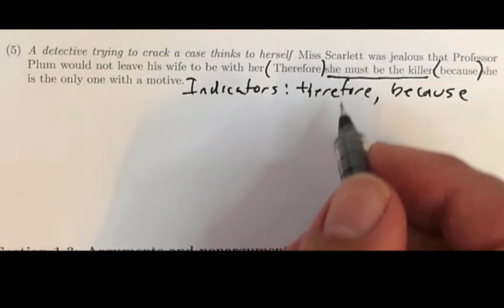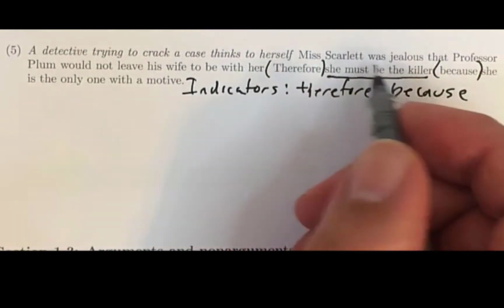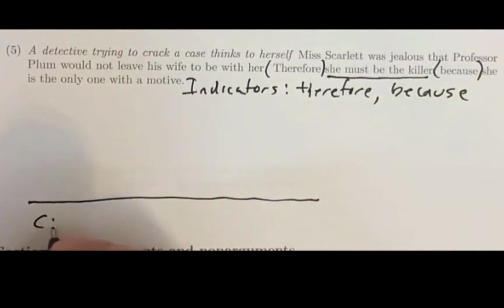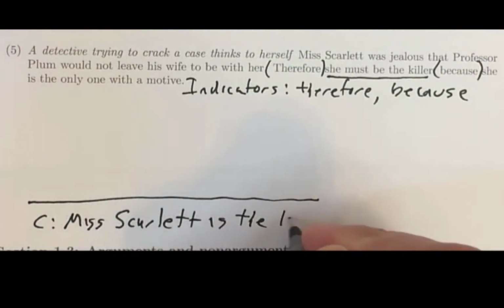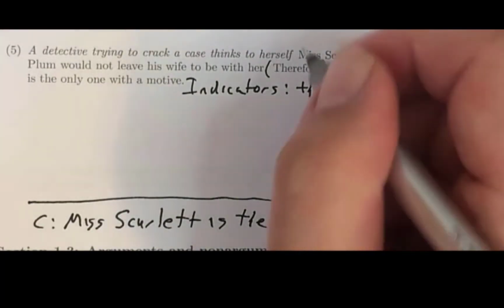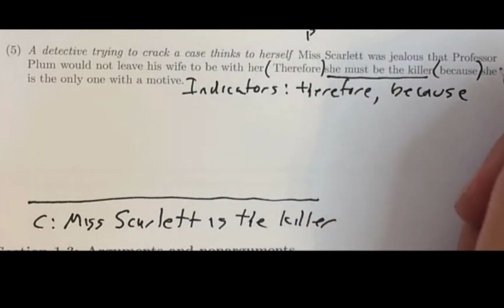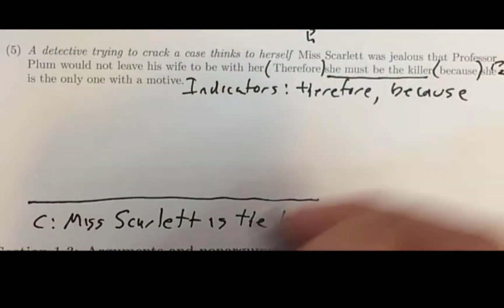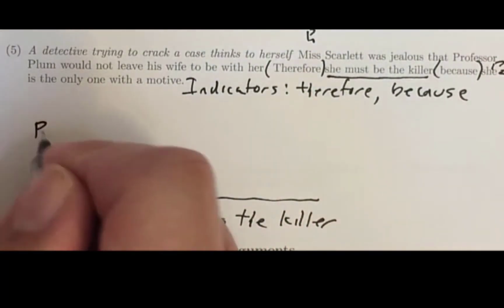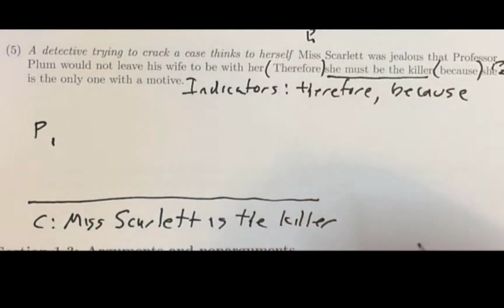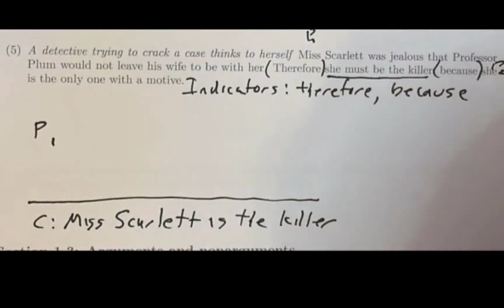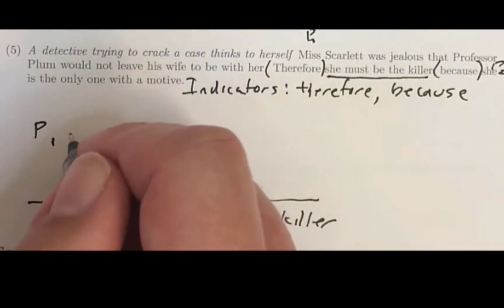So when we write this in, we can just substitute Miss Scarlet for the pronoun she. And now we see that the things on either side of the conclusion are premises. P1, P2. And we can just shorten this full long premise to Miss Scarlet was jealous.